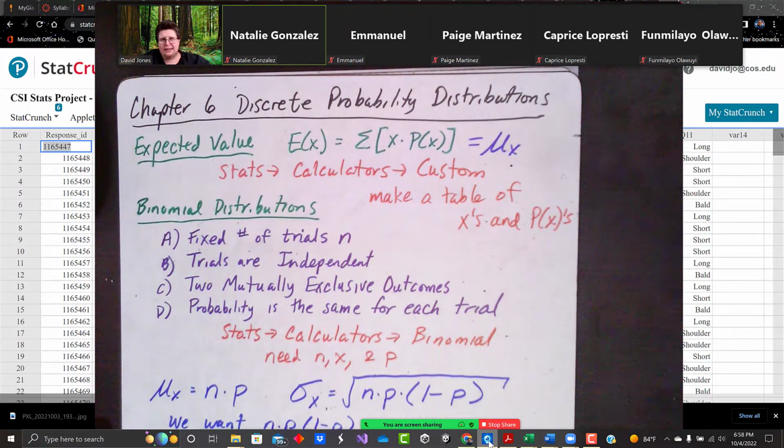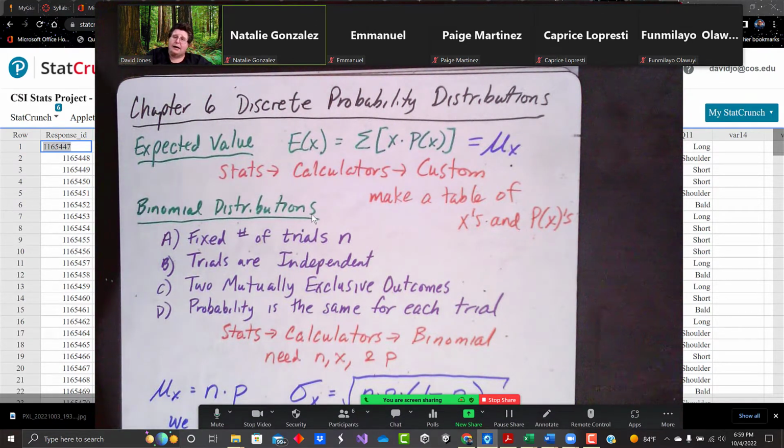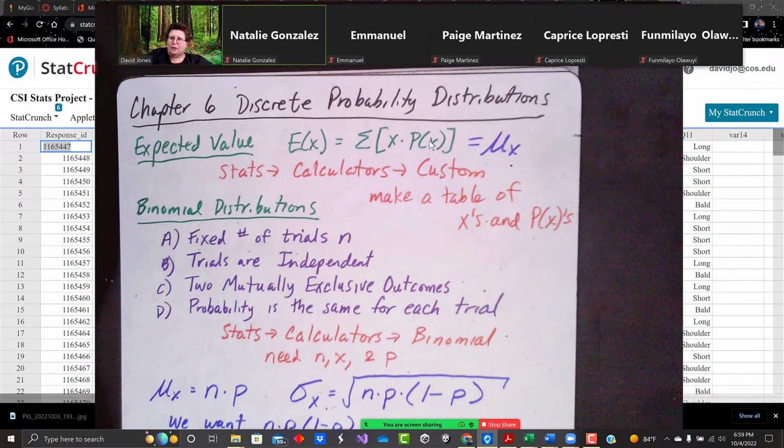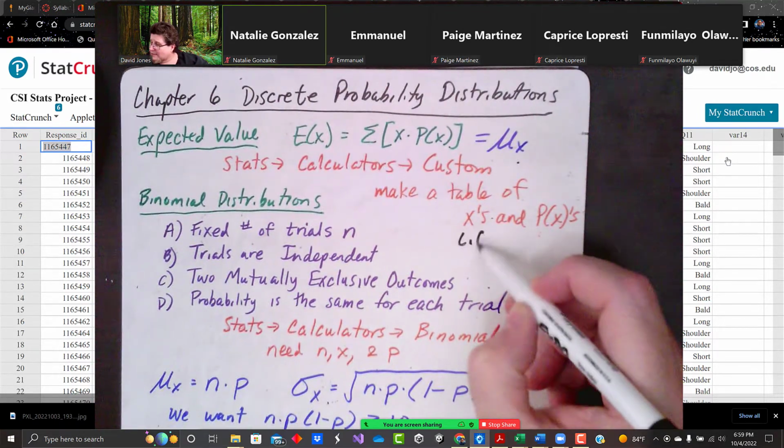A half of a penny doesn't make much sense. We did this with stats, calculators, and custom, and you had to type in x and p of x. And it just takes it and multiplies the x times the p of x and adds them all up. We did this with the life insurance. Life insurance problems were in this category.